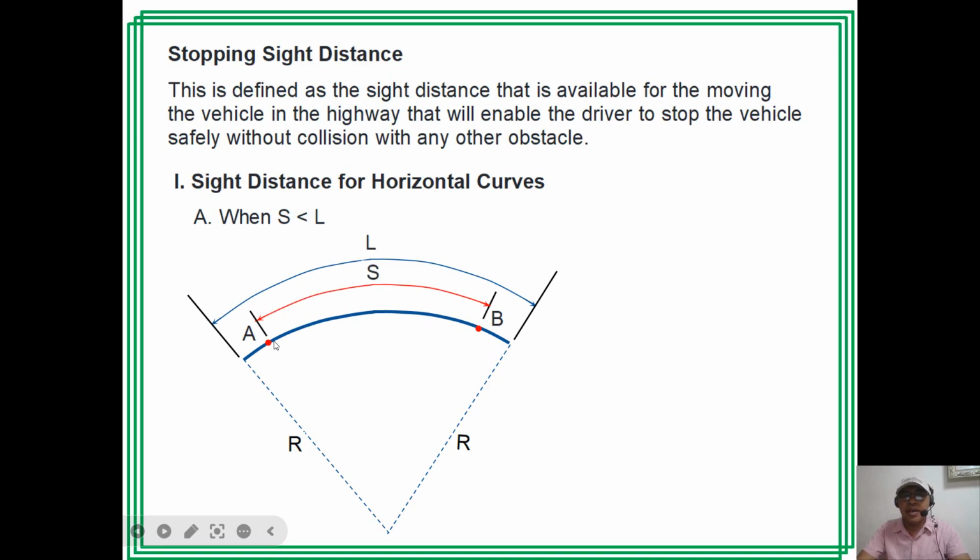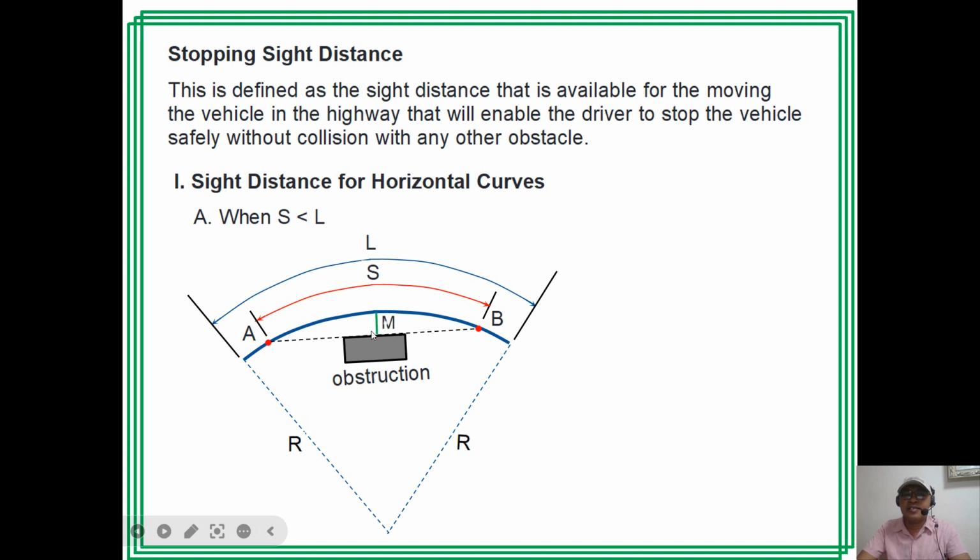The driver can sight and also stop, with an obstacle at point B. Then let us say the line of sight can be obstructed by this structure or whatever obstruction to the line of sight from the driver at A to the object at B.